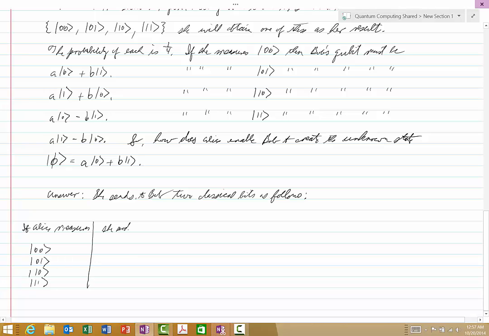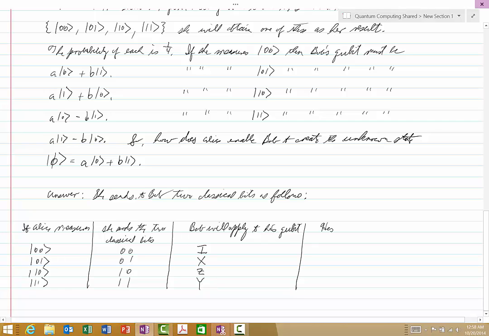She sends the 2 classical bits, 0,0, 0,1, 1,0, or 1,1, to Bob, and then Bob will apply to his qubit I, X, Z, or Y.